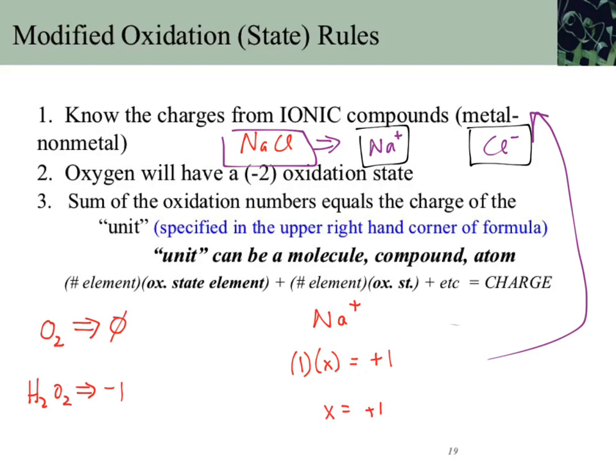So people tend to confuse charge and oxidation state because of that. But they are 2 distinctly different things. The unit can be an atom, it can be a molecule, it can be a compound. But that is our charge. The oxidation state is only the atom.